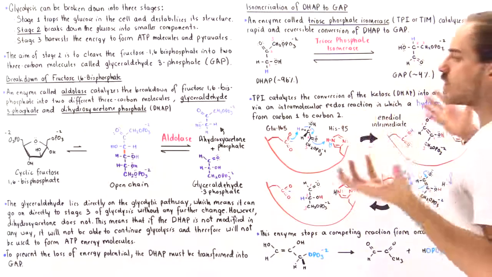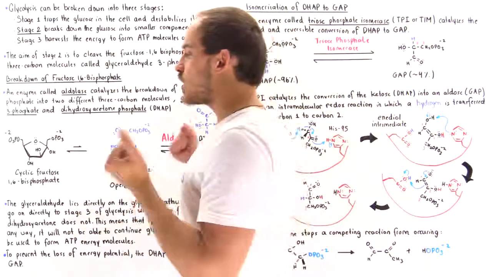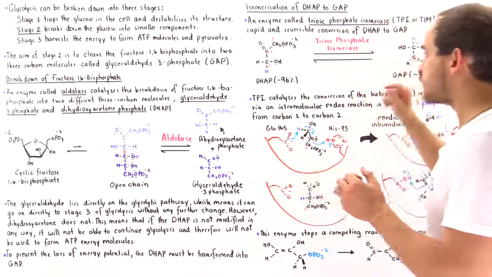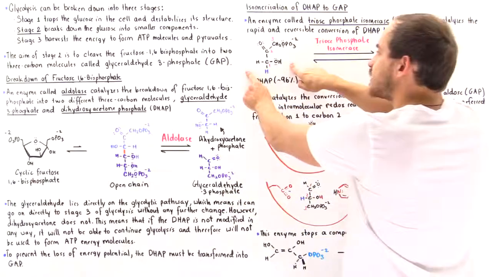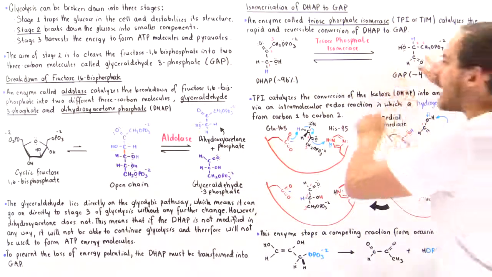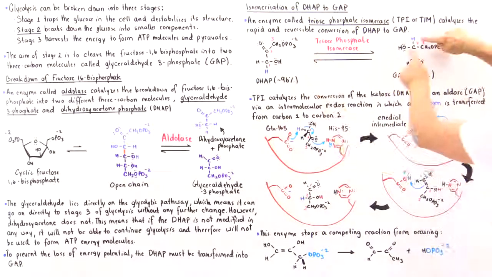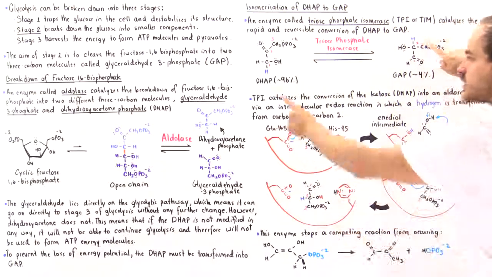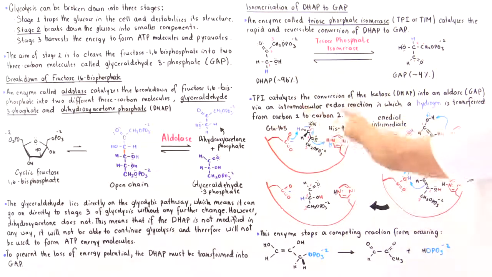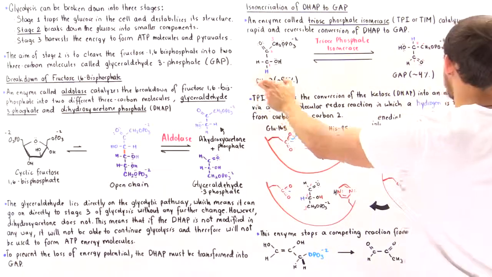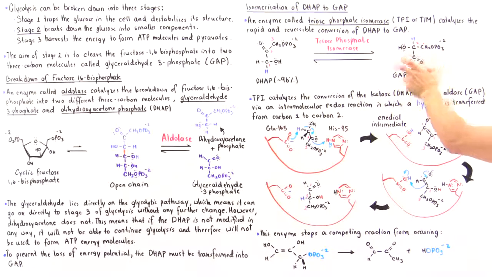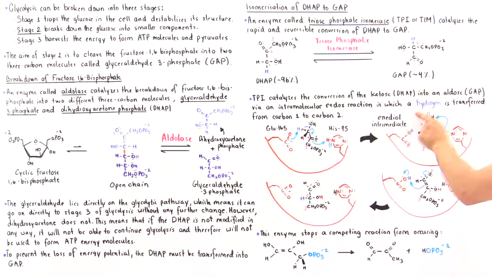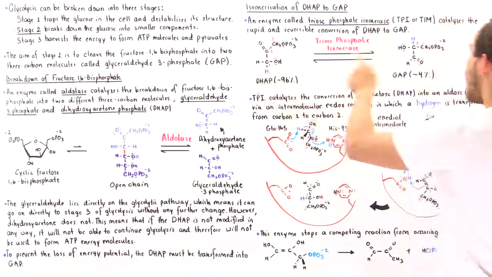This is nothing more than an oxidation reduction reaction in which triose phosphate isomerase transforms this ketose into an aldose by transferring the H from carbon 1 onto carbon number 2. So we see that TPI catalyzes the conversion of the ketose, the DHAP, into the aldose, the GAP, via an intramolecular oxidation reduction reaction in which a hydrogen is transferred from carbon 1 onto carbon 2.